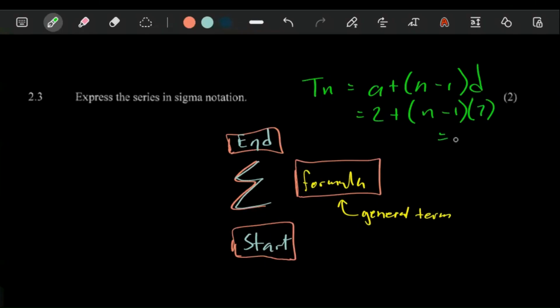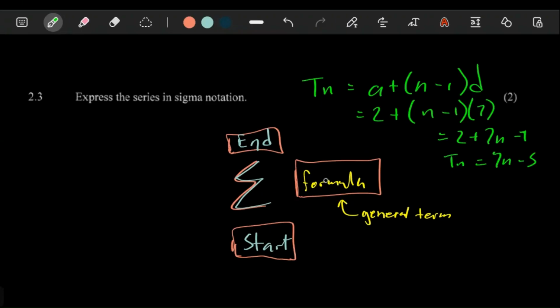If you simplify this, n times the 7 is 7n, 7 times -1 is -7. So now you have 7n, 2 minus 7 is -5. There you go.